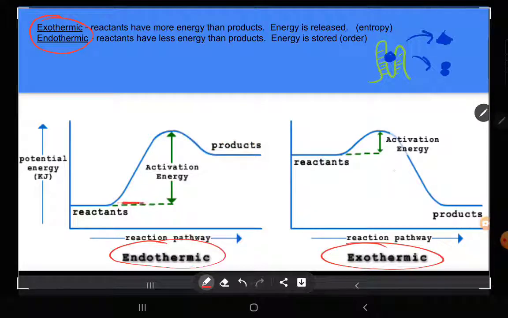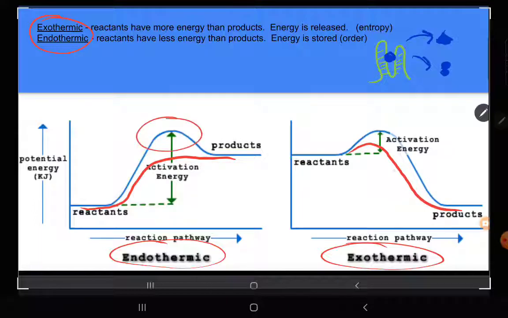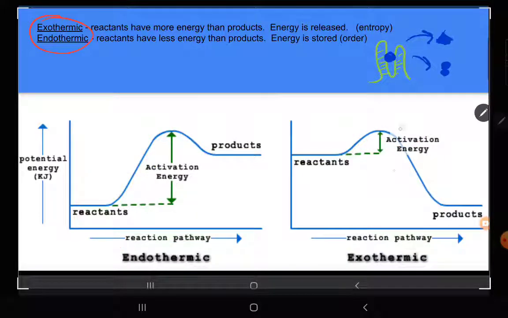So instead of looking like this with this big hump, this graph would look like this. That is less activation energy. Or maybe it would look like this. In either case, that's less of a hump. The bigger the hump to get over, the more energy you need for the reaction to occur. And so that is what an enzyme does.